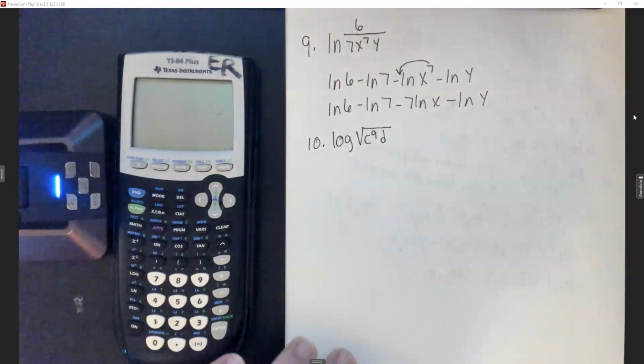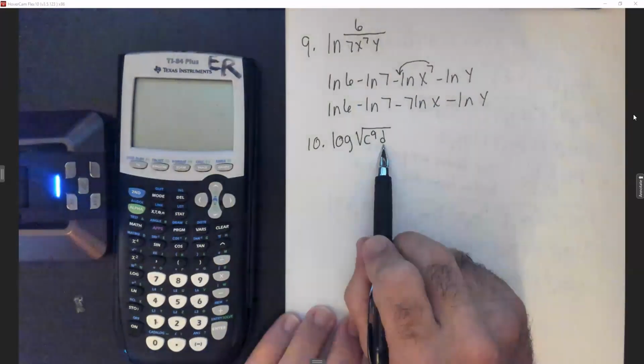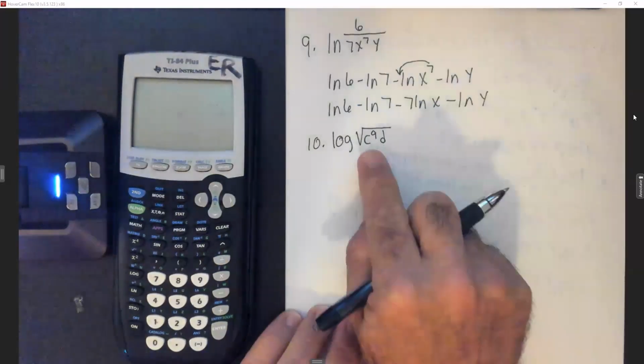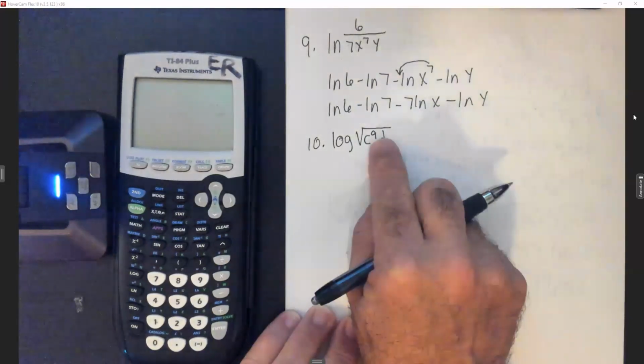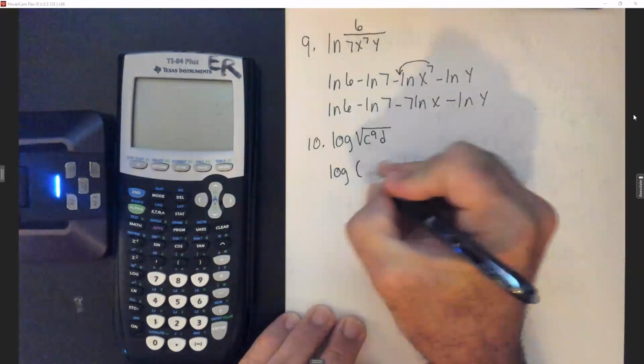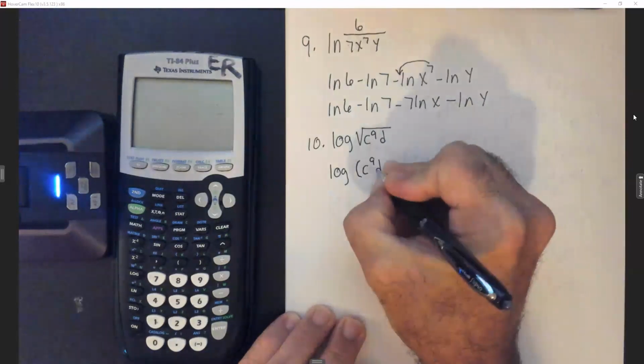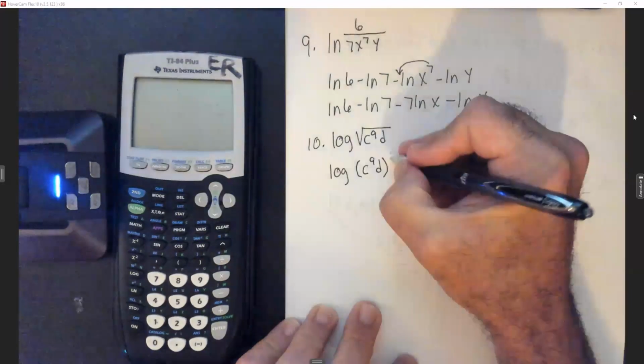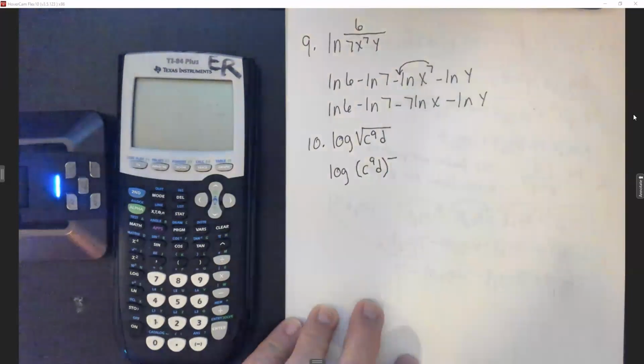So remember, it's in a radical, and that radical has all this underneath it. So when I rewrite it with my radical, I'm going to put the C^9 D in parentheses. I'm just wondering what to make that exponent.